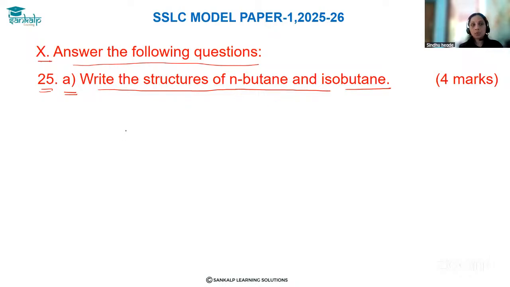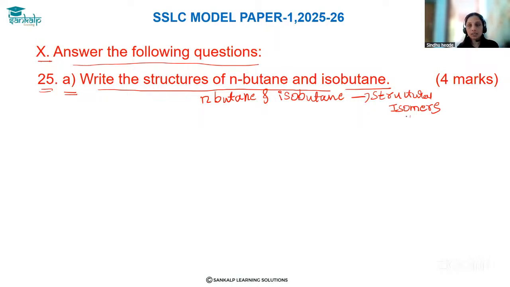What are these n-butane and isobutane? These are structural isomers, right? What are structural isomers?